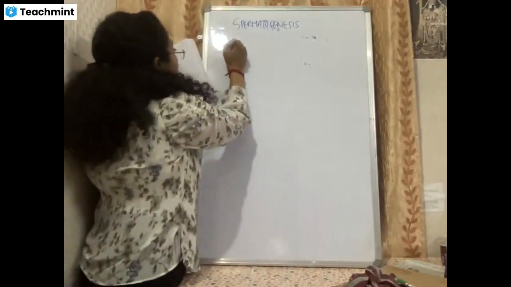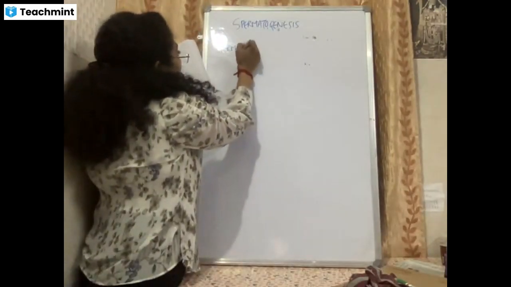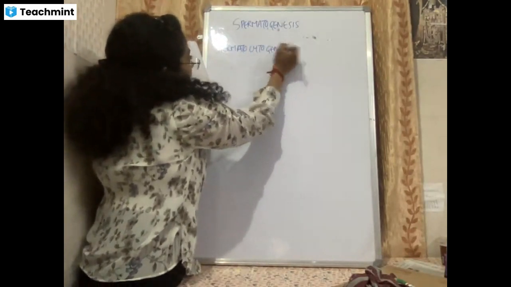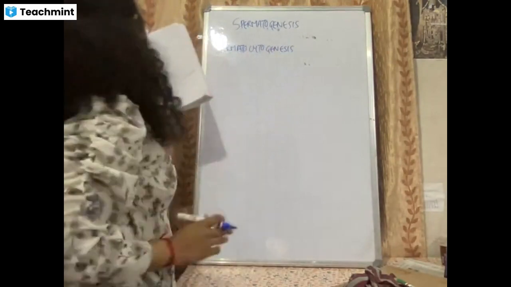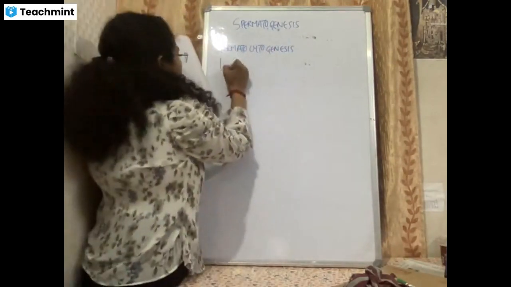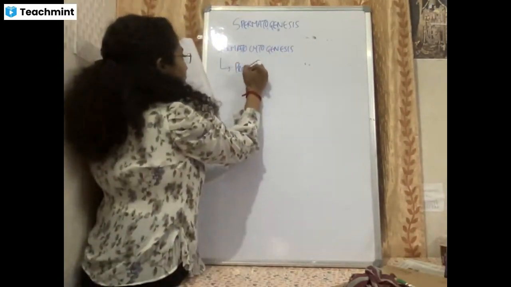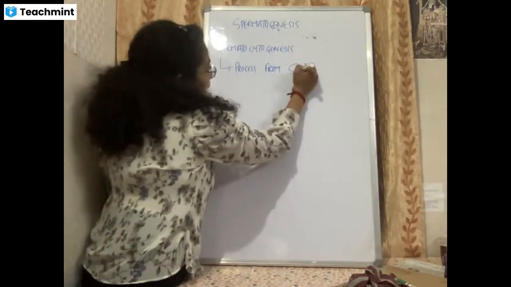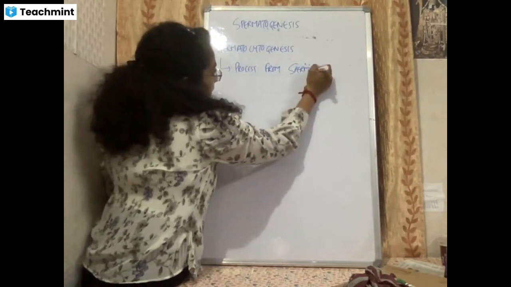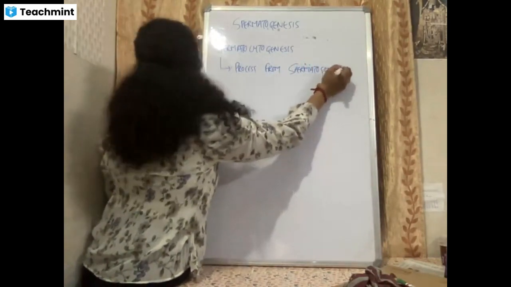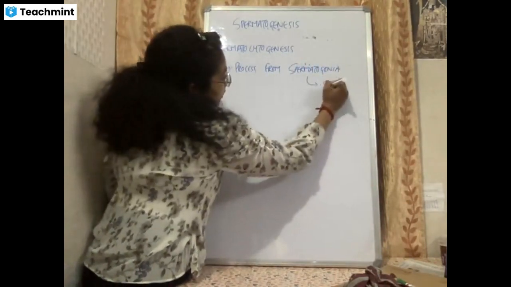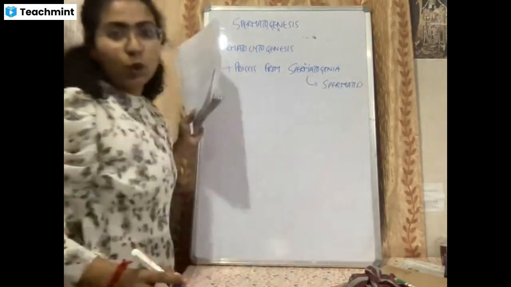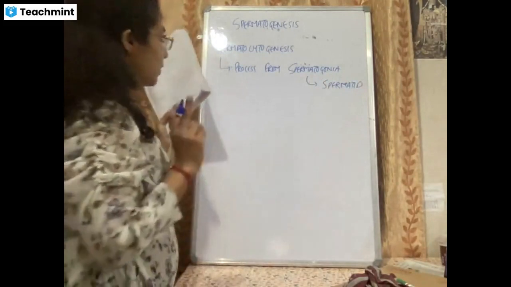The first point is spermatocytogenesis. This means the process of conversion from spermatogonia to spermatid. Conversion of spermatogonia to spermatid is known as spermatocytogenesis.